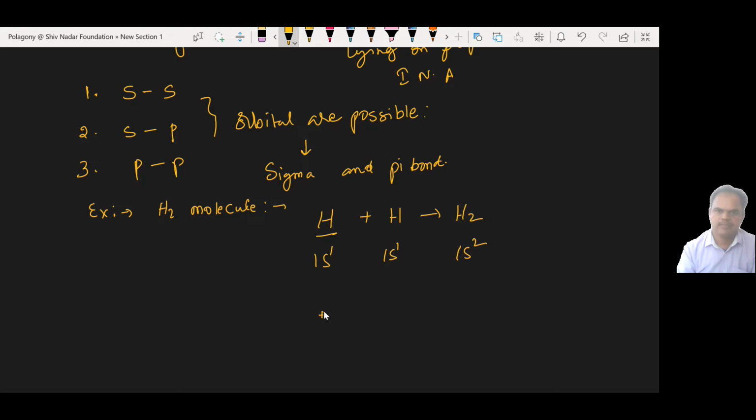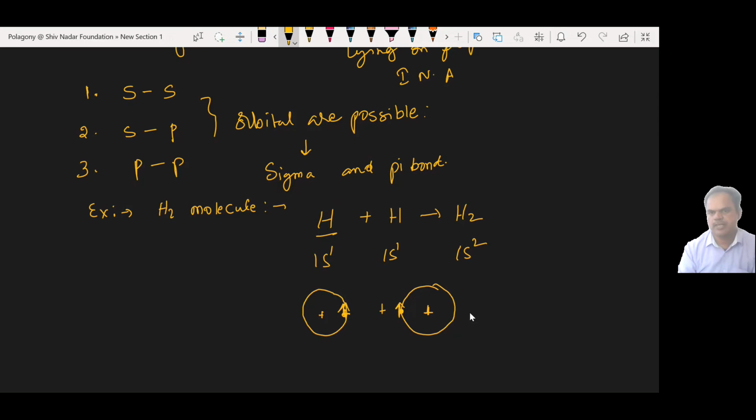As you know, the s orbital is spherical in shape. Assume here is the nucleus and the one unpaired electron. Then there is another hydrogen atom also having a 1s1 configuration, with its nucleus and electron.